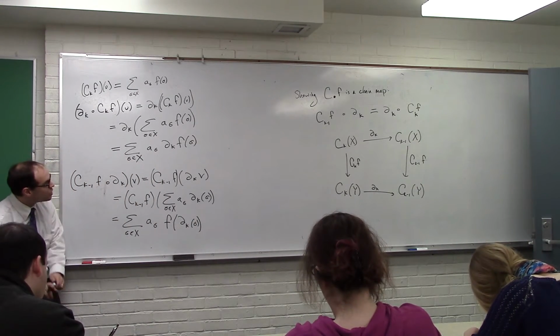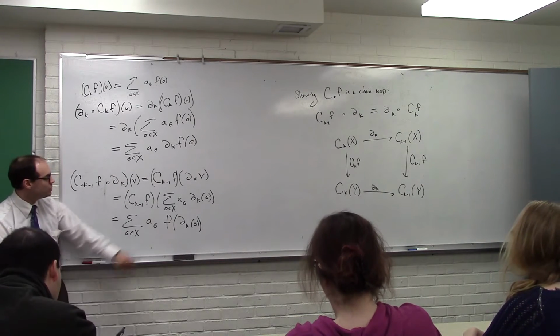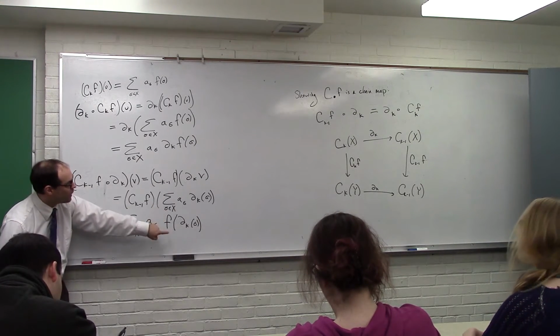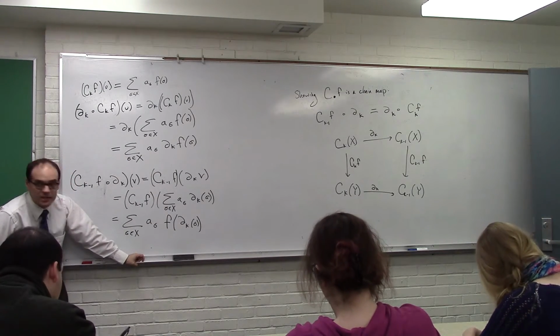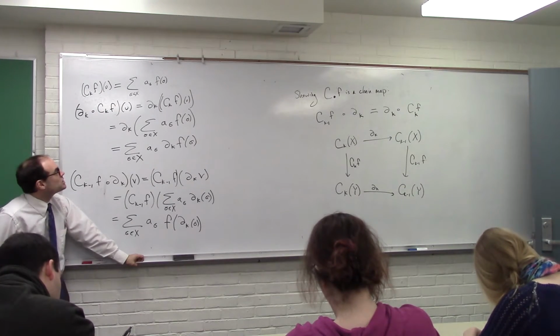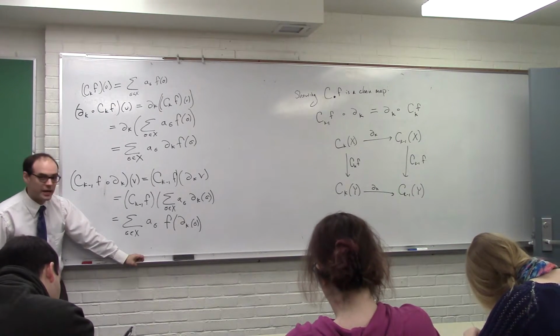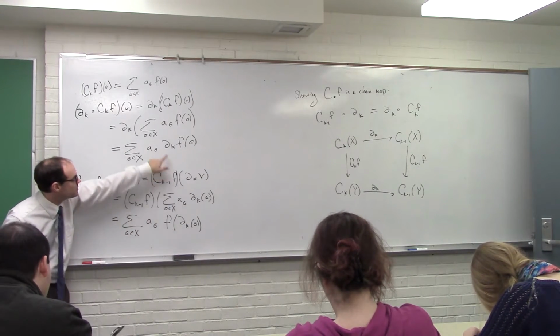Okay, so the question really boils down, at the end of the day, to whether or not these guys commute, the F and the boundary, on a single simplex. So the fact that we're dealing with vector spaces is somewhat of a red herring. All the linearity pushes you all the way down to this single simplex.